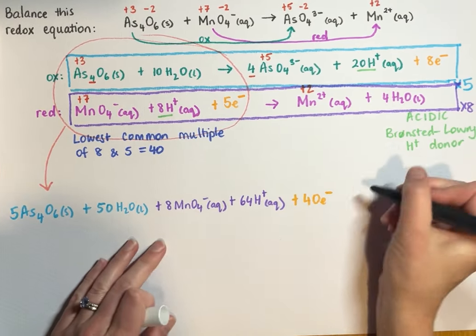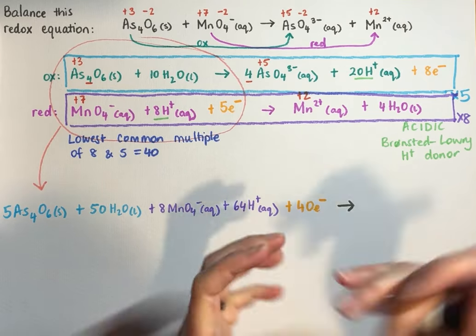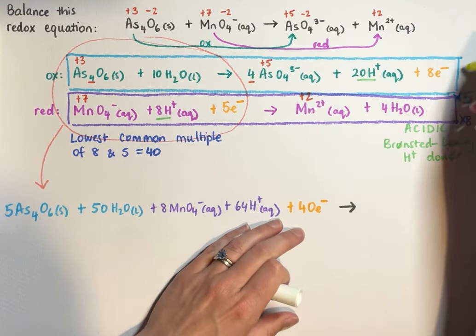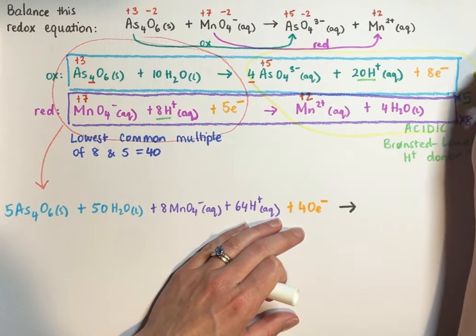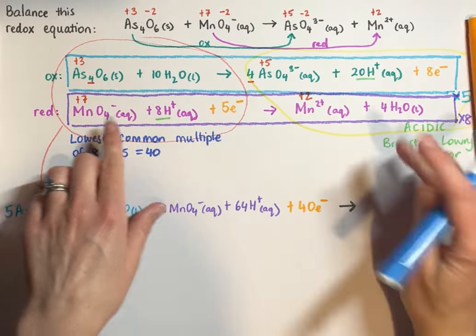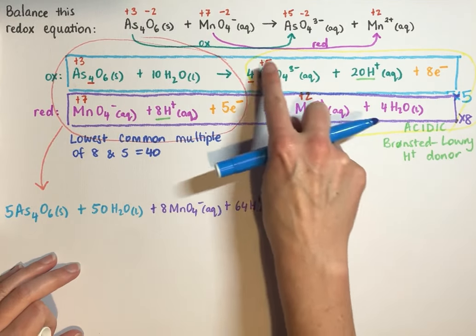And I might have to finish my products part of the equation underneath. So now I'm going to do all the right-hand side of my reaction down here. So the things in blue from the oxidation step, 4 times 5.